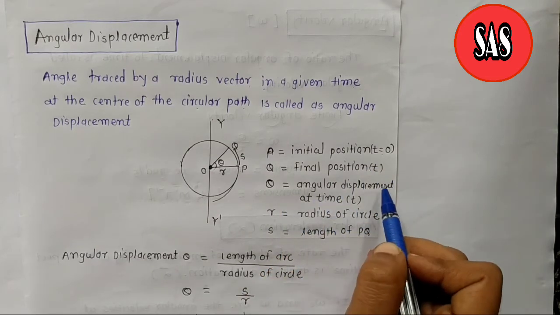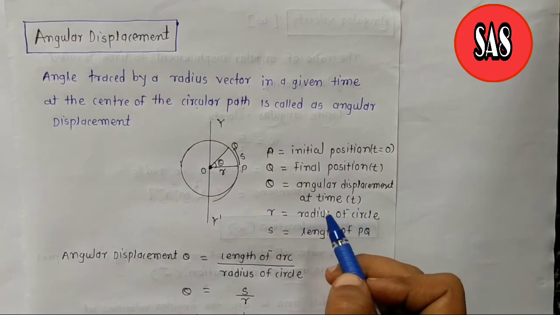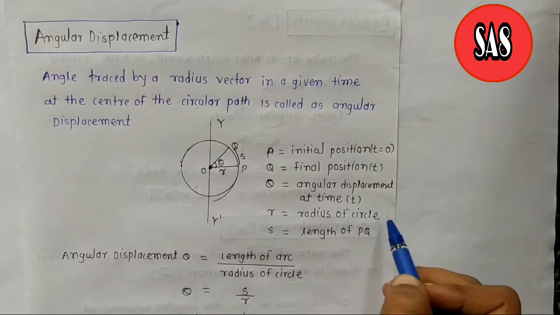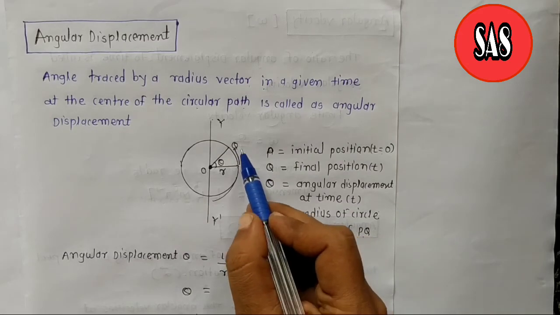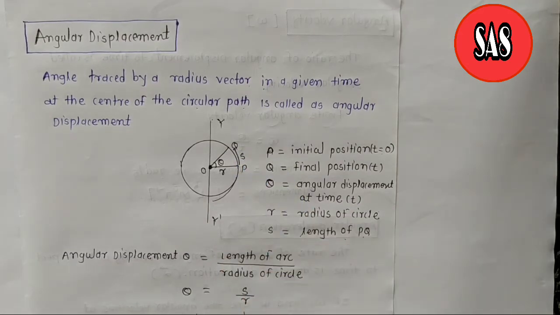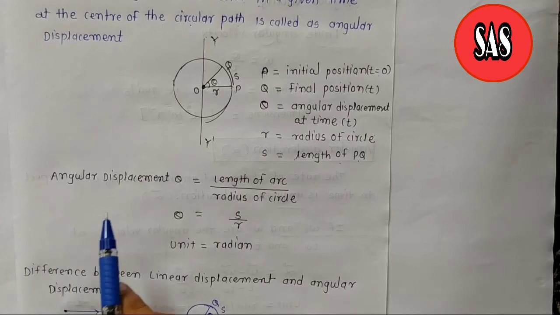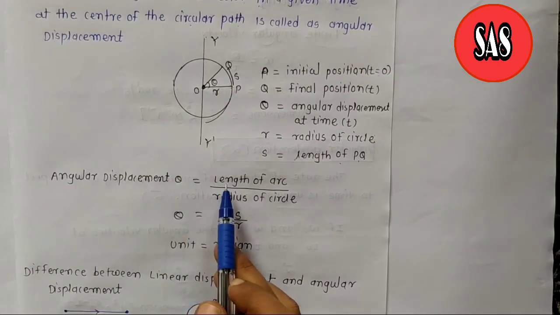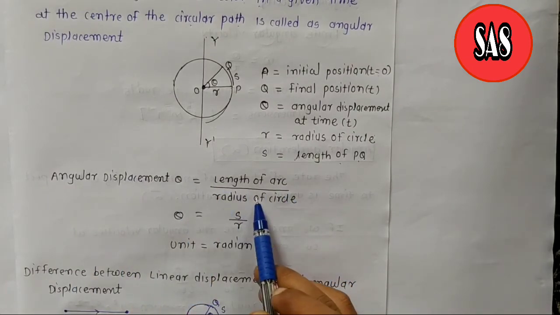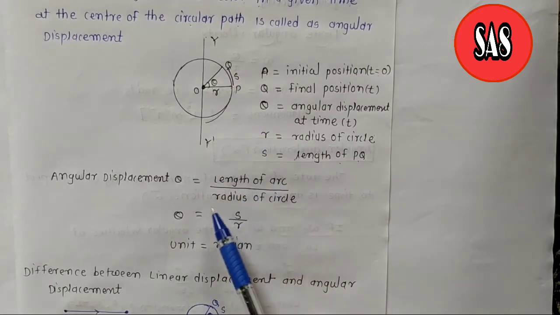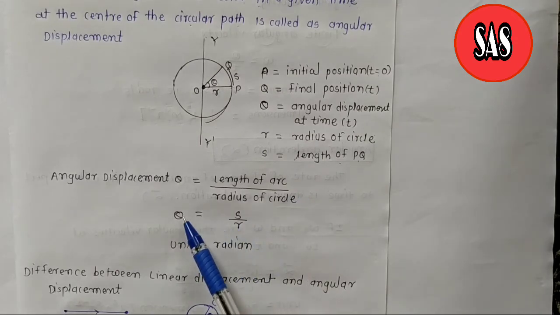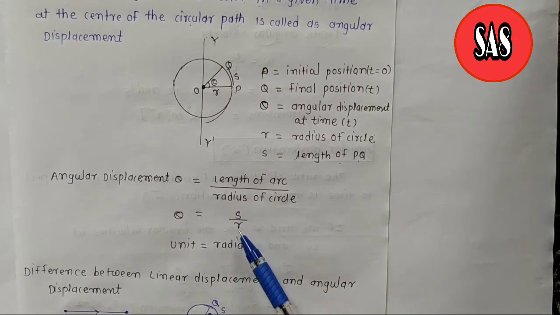Theta is the angular displacement at time t, where r is the radius of the circle and s is the length of arc PQ. Angular displacement theta is equal to length of arc upon radius of circle. Therefore theta is equal to s by r, and the unit of angular displacement is the radian.